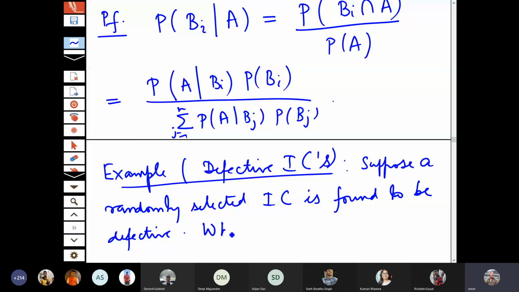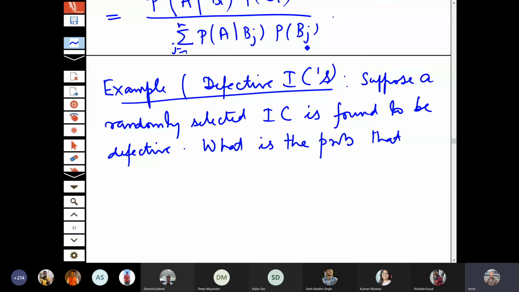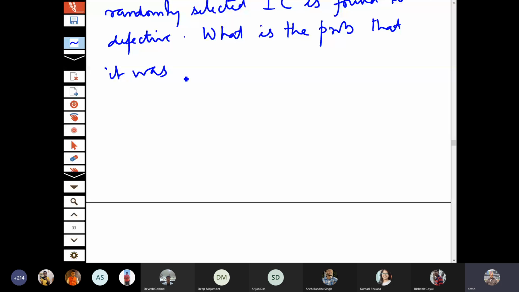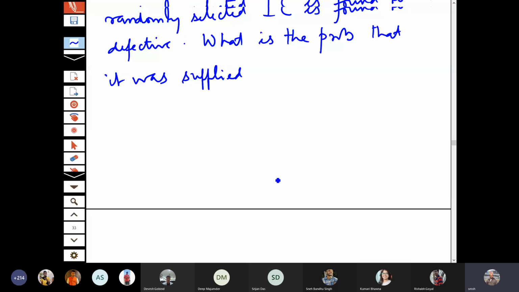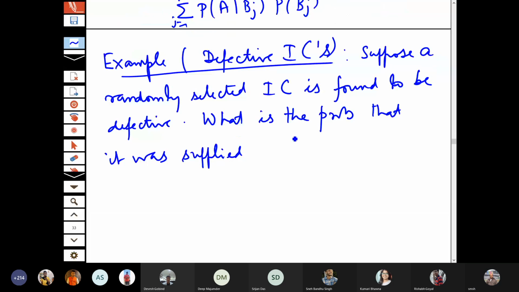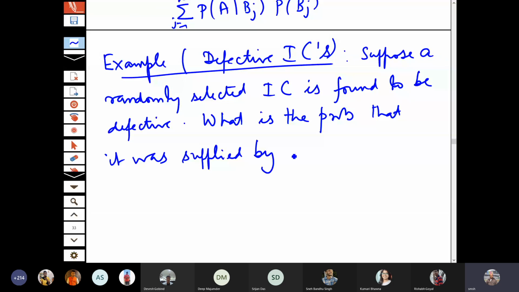What is the probability that it was supplied by B1 or B2 or B3? Okay. What is the probability that it was given by one of them?